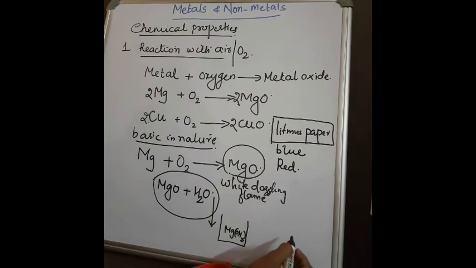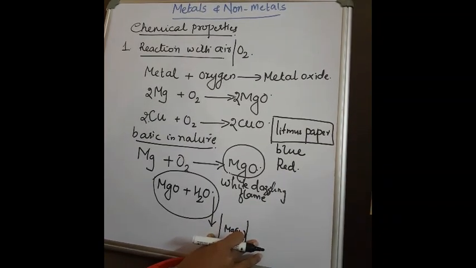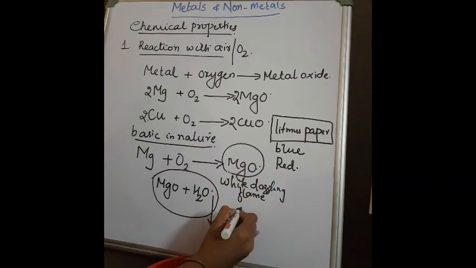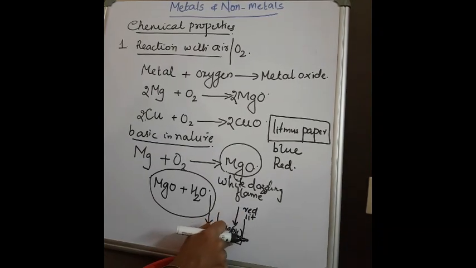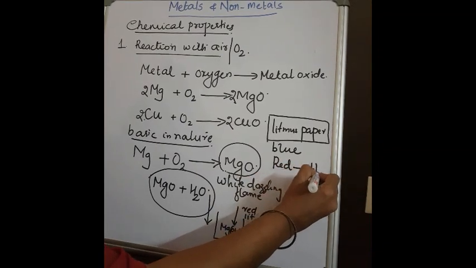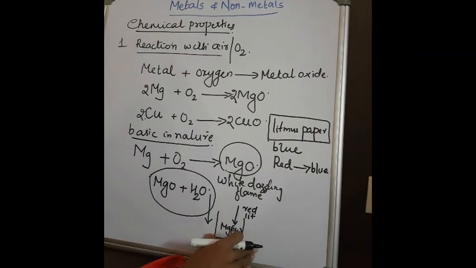Now, if a solution is basic in nature, listen carefully, if I put a red litmus paper into the solution and the red litmus paper changes into blue, then that solution is basic in nature.